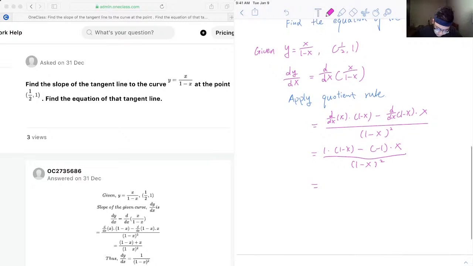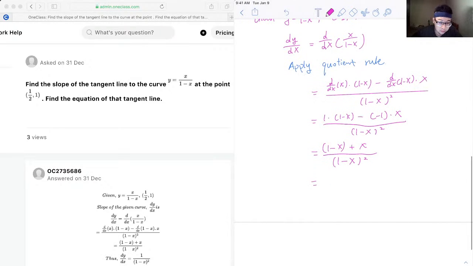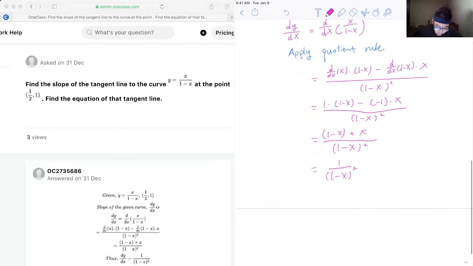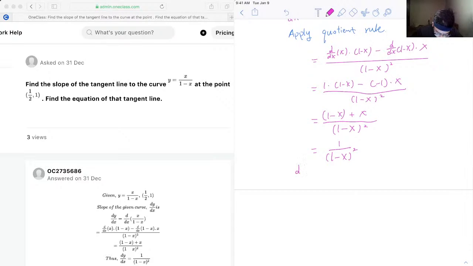That gives us 1 minus x plus x over 1 minus x squared, and by simplifying further we have 1 over 1 minus x squared. So now we know that dy dx is equal to 1 over 1 minus x squared.